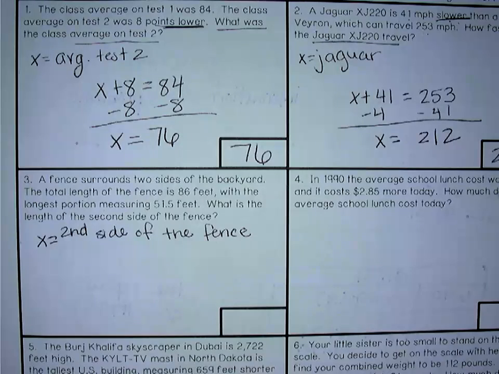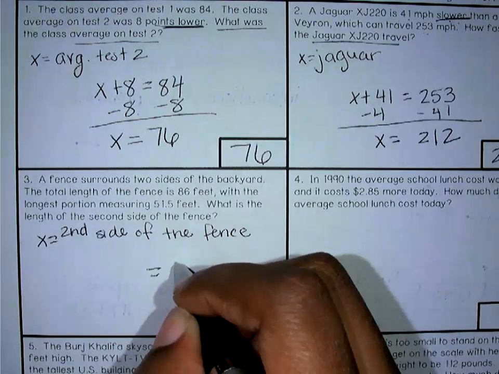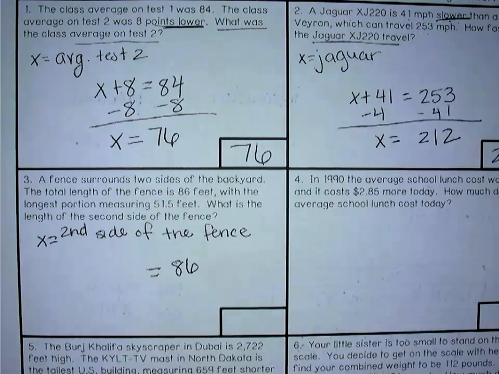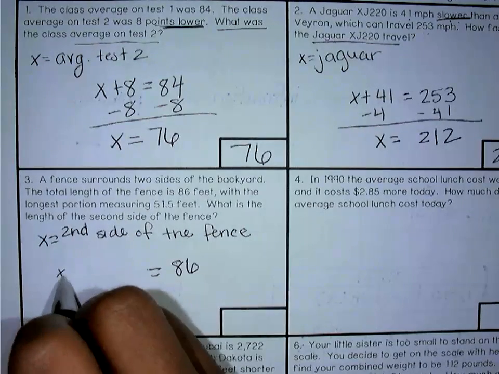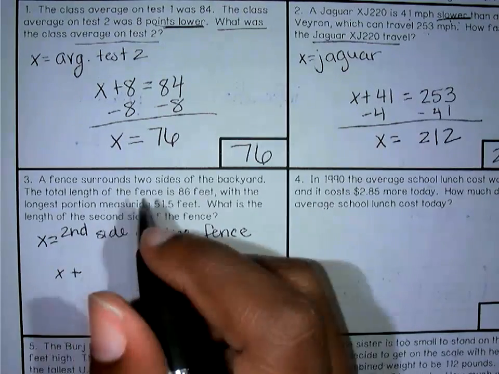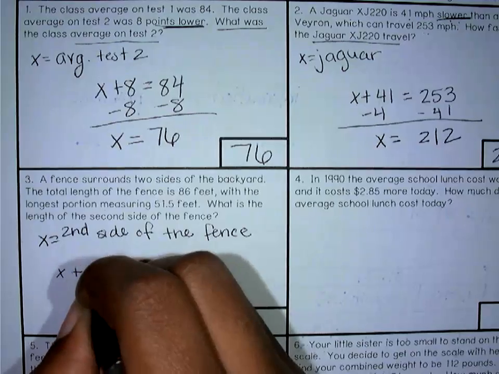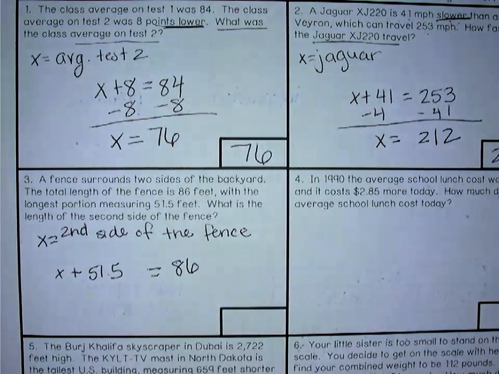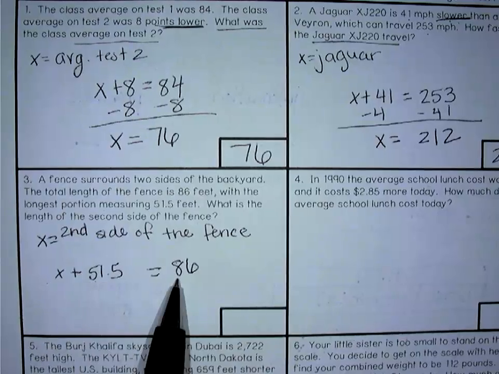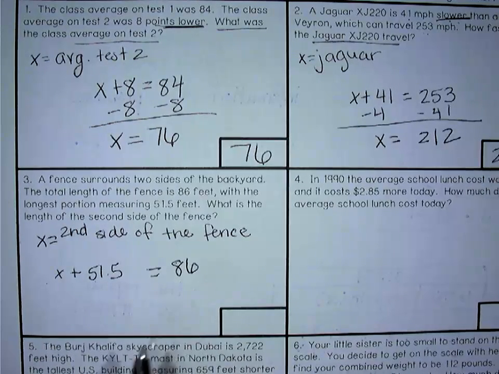And in this case, you know that your total is 86, right? But you know that one side of it is already 51.5 feet. Okay, you know when you add these two, the total is 86. So then you would do the opposite.